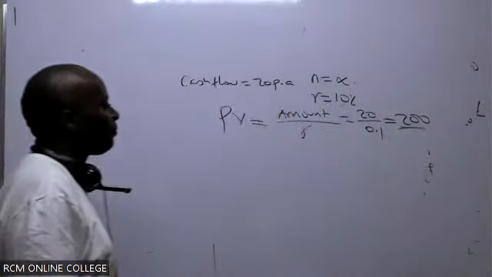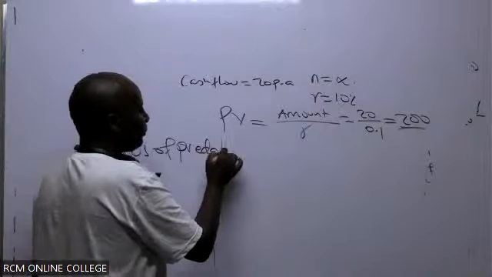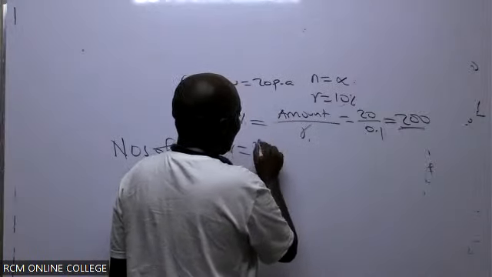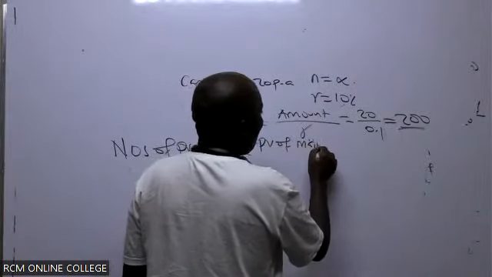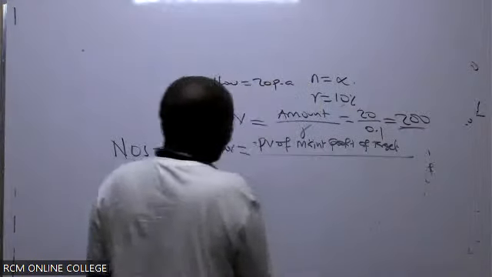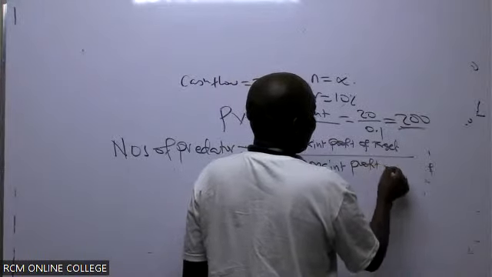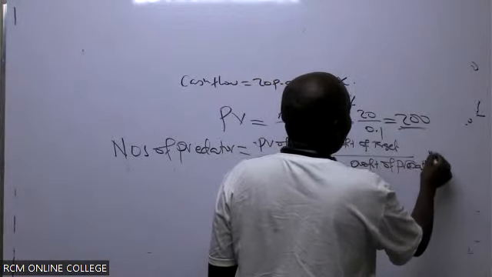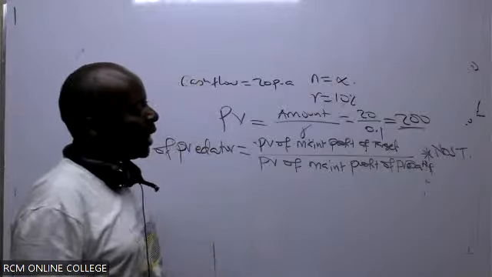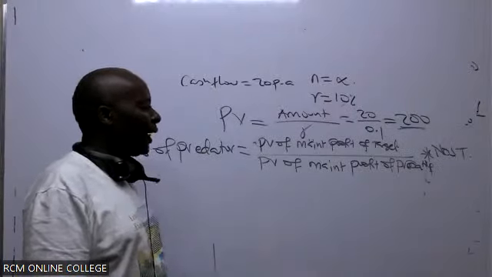Meaning that the number of shares of the predator will be equal to the present value of maintainable profits of the target, because we must start with the target up there, all over the present value of maintainable profits of the predator, times N sub T, which is the number of shares of the targeted company.